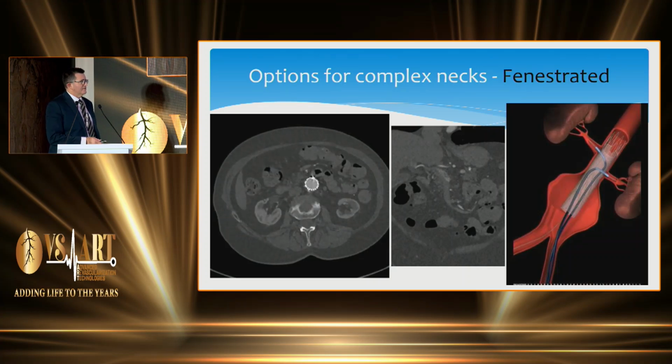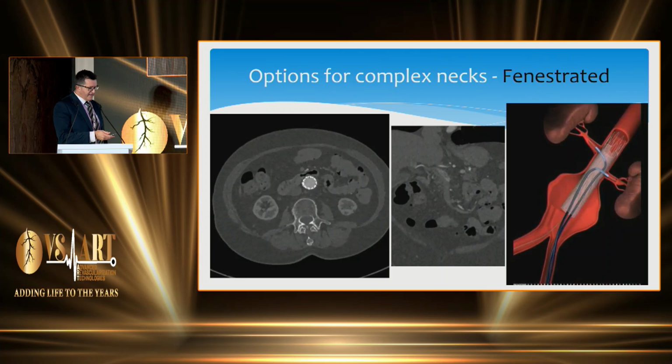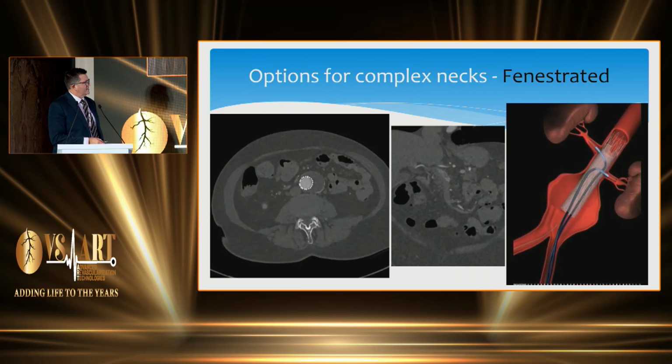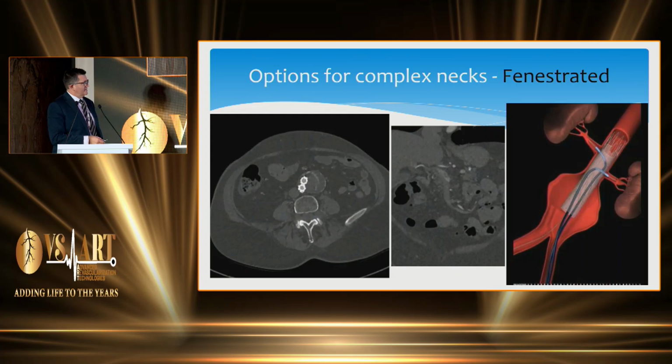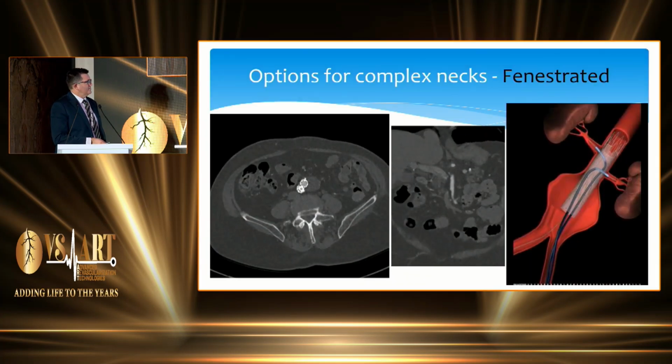It's a very useful tool to take the landing zone higher up in the neck, where it might be a little more advantageous to get a seal for a longer period of time. And in this case, just a bifurcated device, a bifurcated EVAR with sac regression.